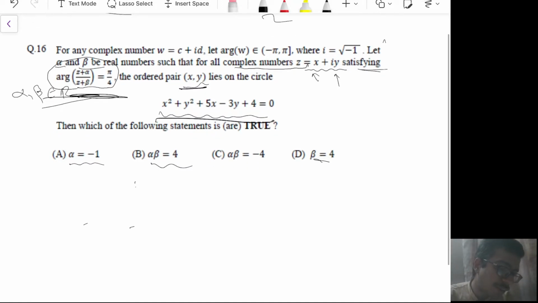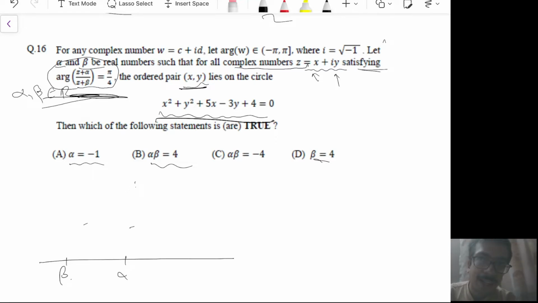The reason is as follows: let's look at the problem geometrically. We know that alpha and beta lie somewhere on the real axis. This is my real axis, this is my complex Argand plane, and I have this point z.